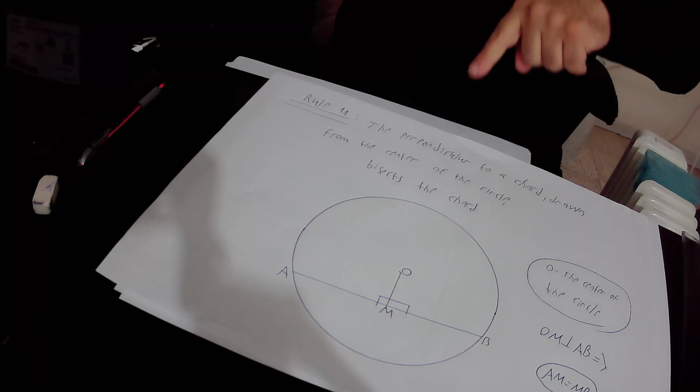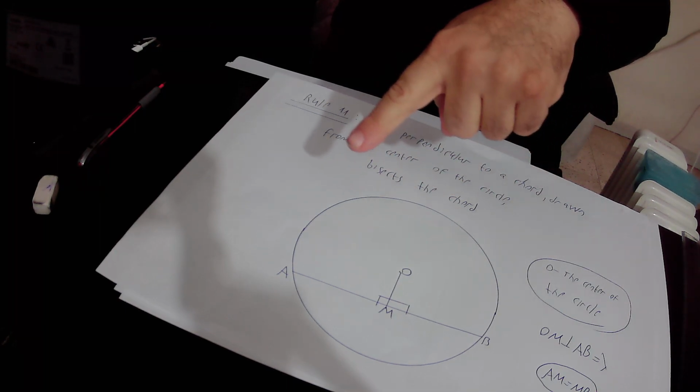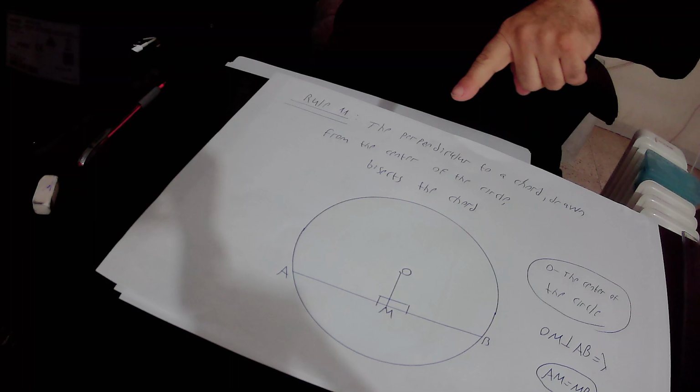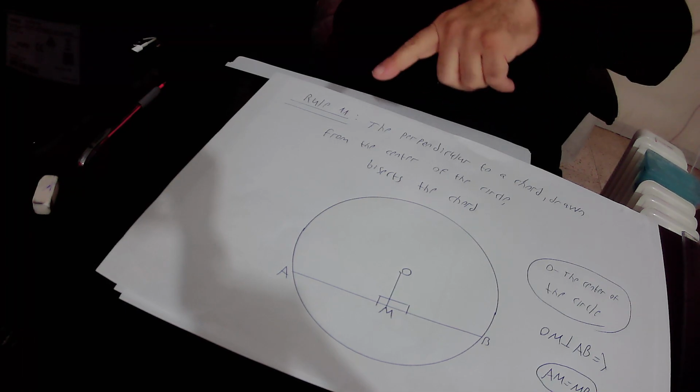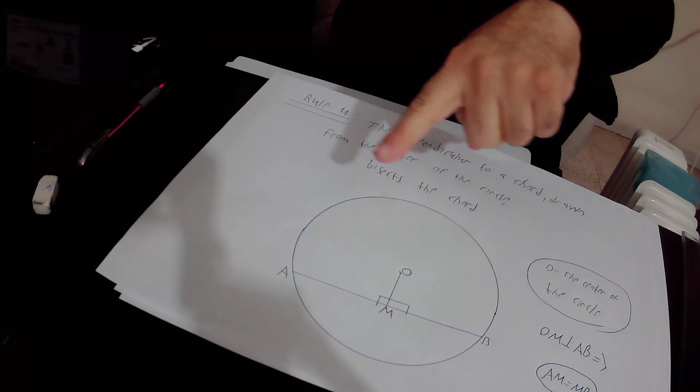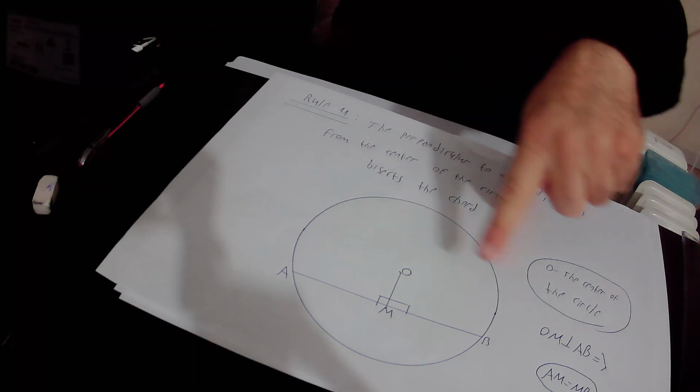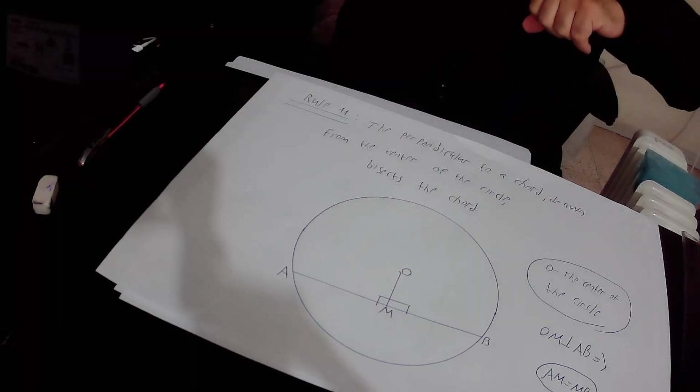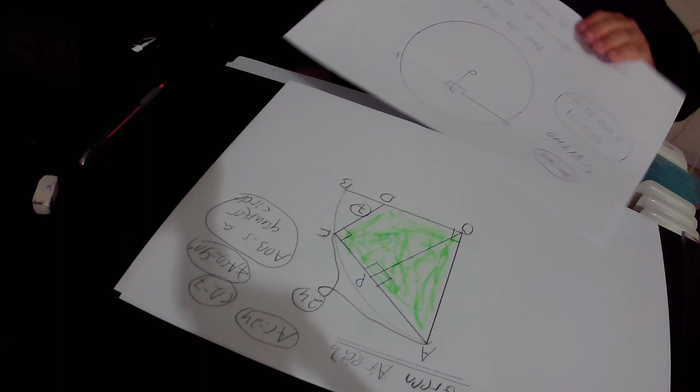So if OM is perpendicular to AB, then according to rule number 11, OM also bisects chord AB, that is to say AM equals MB. Okay, so we can implement rule number 11 in our drawing. Why?